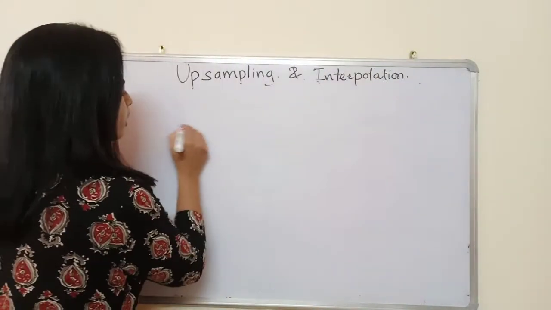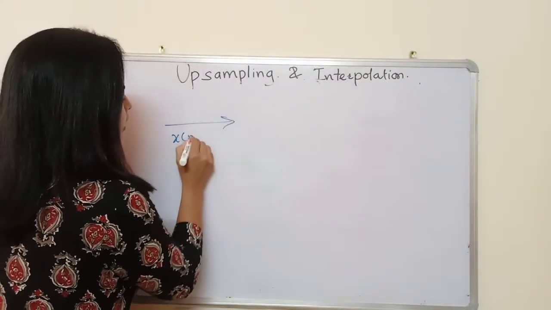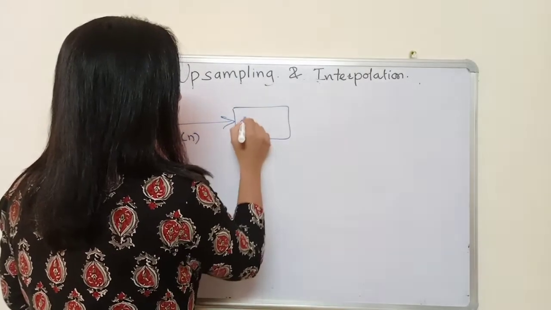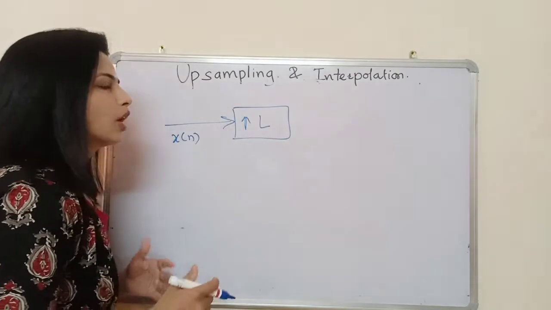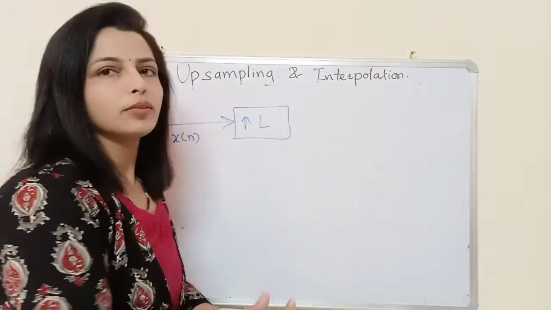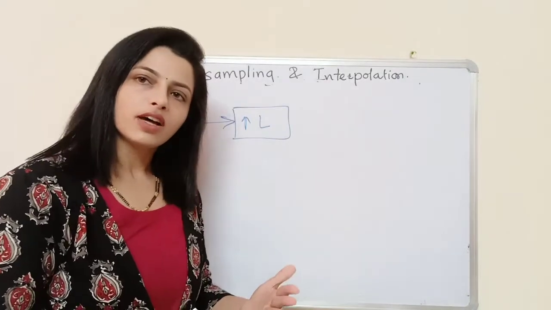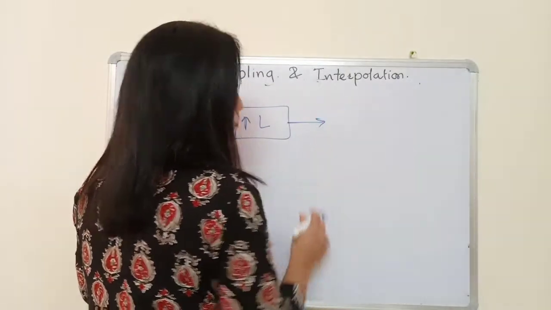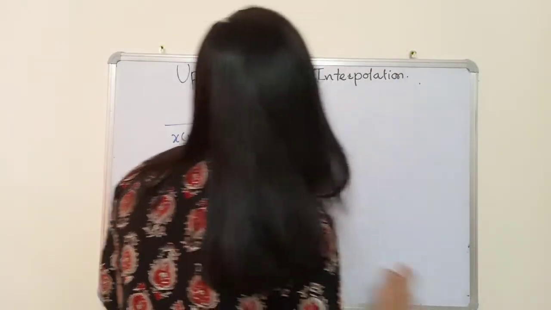For the block diagram, let us say x of n is the input signal and we are upsampling the signal. You have to use the low pass filter after upsampling because the images appear after upsampling.